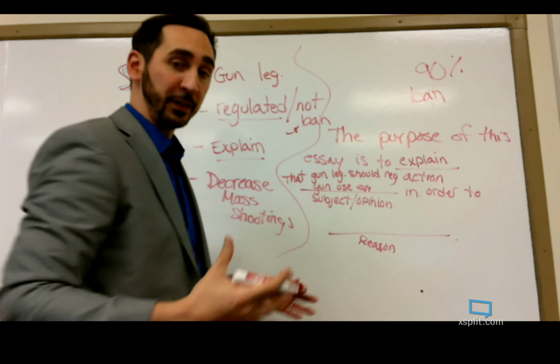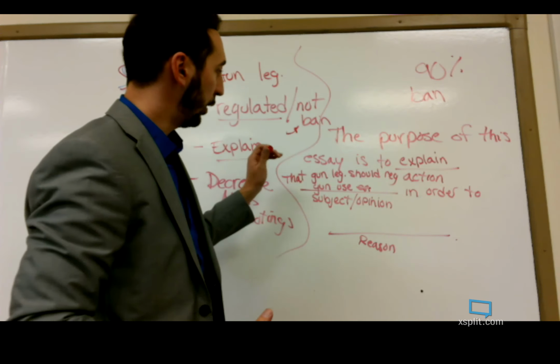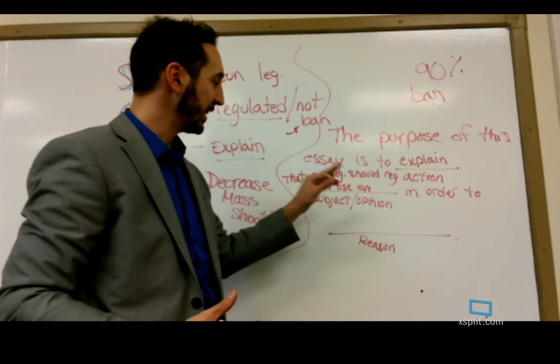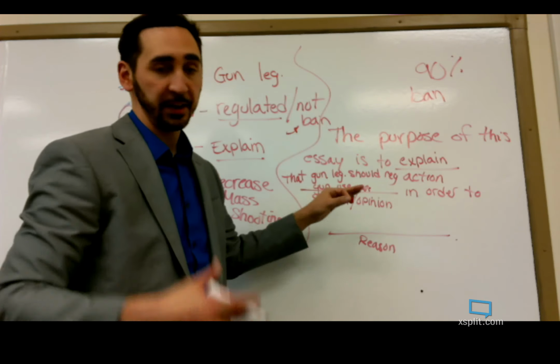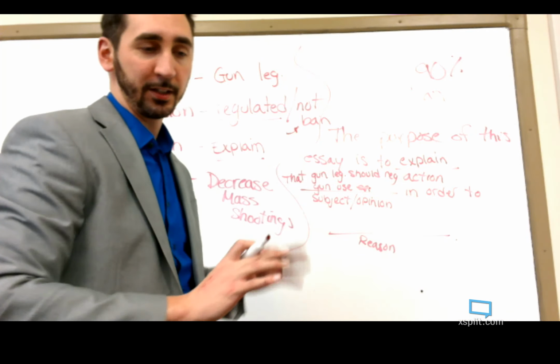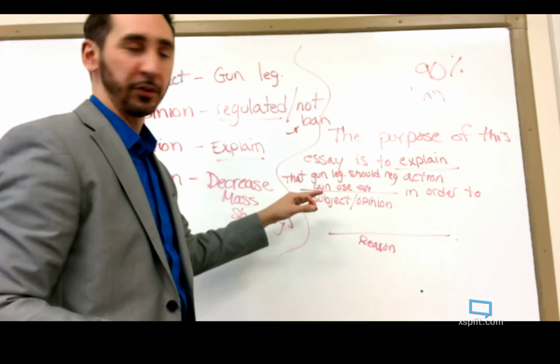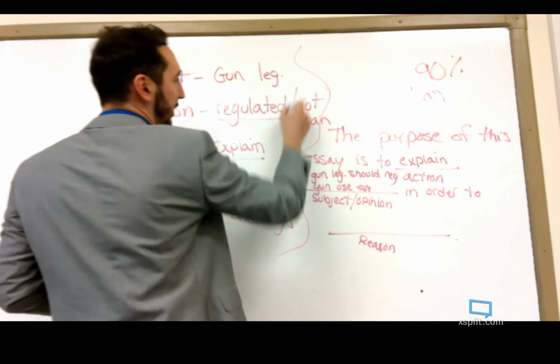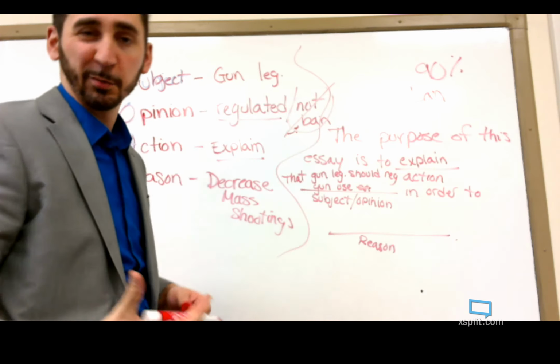And you could kind of make it more explanatory, is to explain that gun legislation should regulate gun use instead of banning gun use in order to, but it gets kind of wordy. So instead of including both parts, I just included the first part. I left out this part because it just kind of got a little bit wordy.